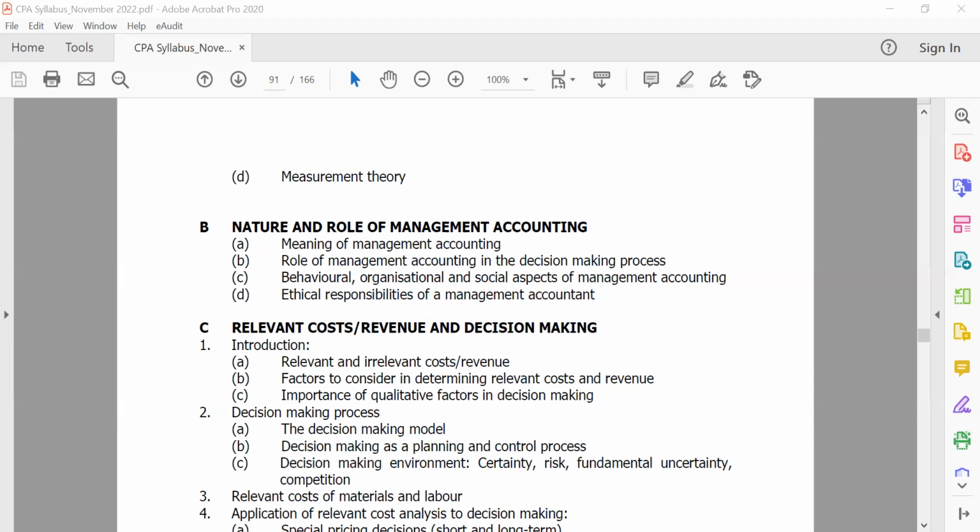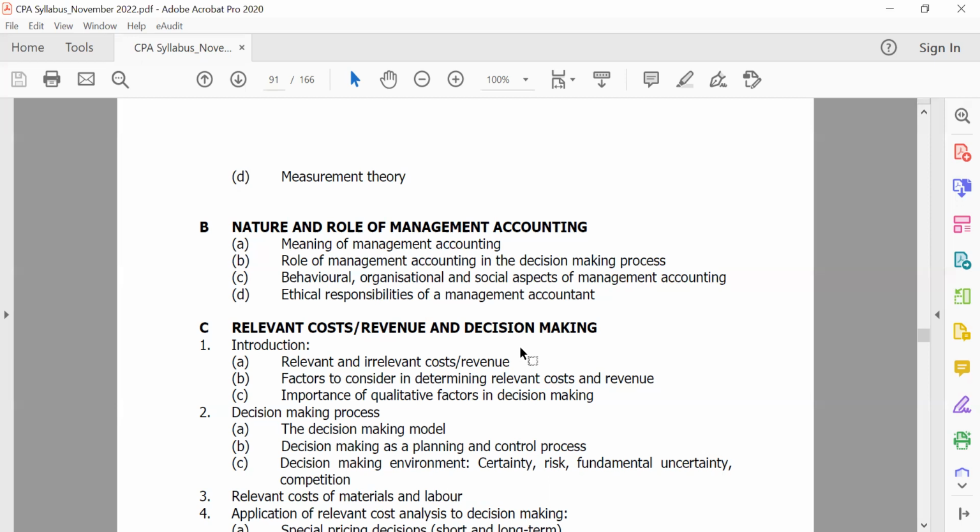So the management accountant actually goes on to help us appreciate some of these different aspects. So planning, how the management accountant comes into the process of organizing, how do they help in decision making, how do they also help in motivation, because motivation is one of the roles of management. So how does the management accountant facilitate that process?